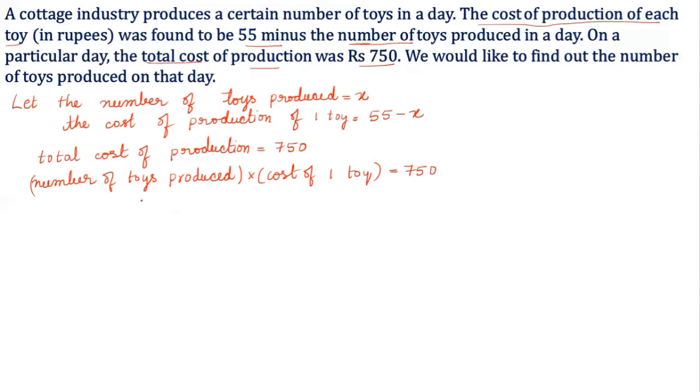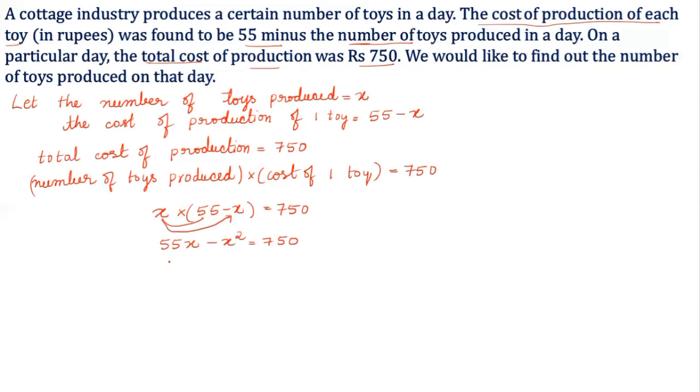So, x into 55 minus x is equal to 750. Now, simplify the equation. x into 55 is 55x minus x into x is x square is equal to 750.